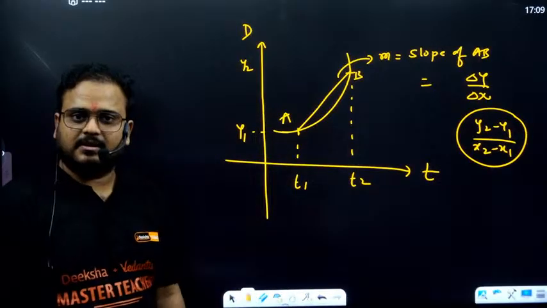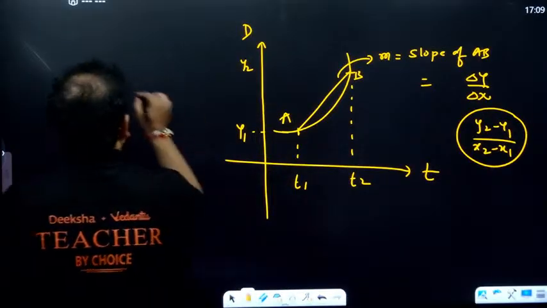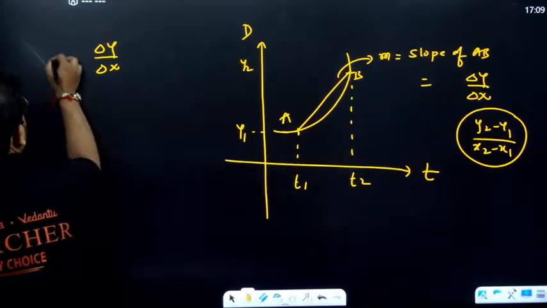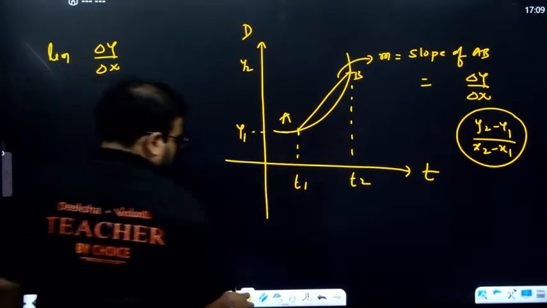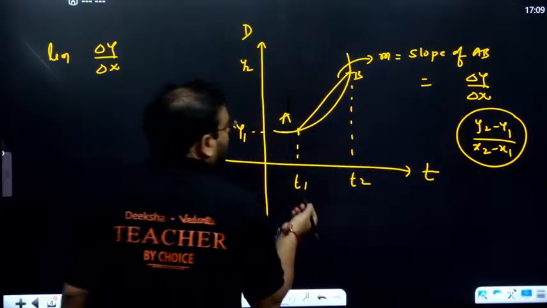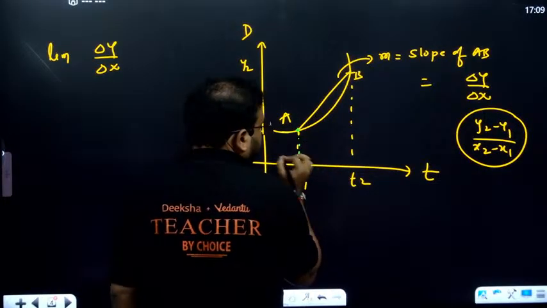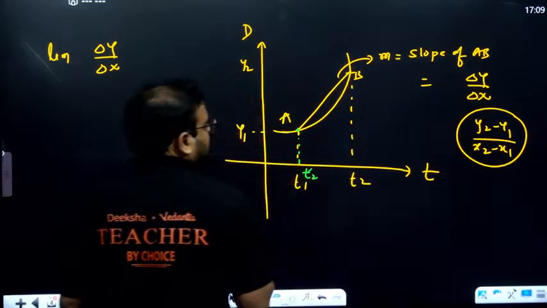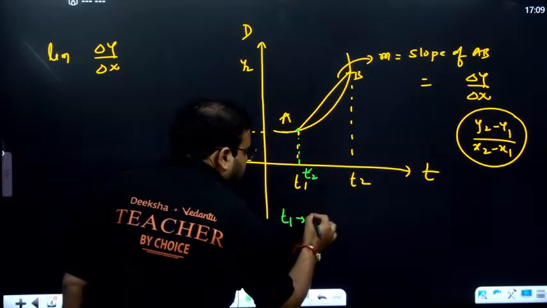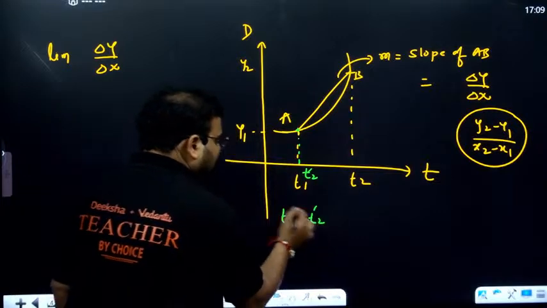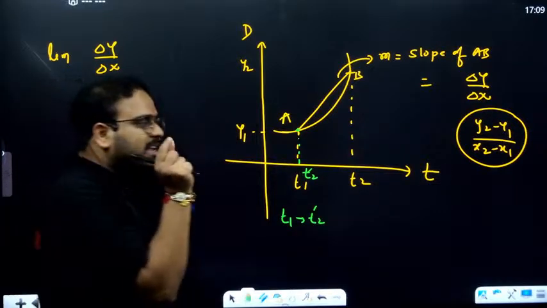We have learned this, right? But whenever we talk about instant, we try to talk about another point which is going to be here only. Let's say t2 dash. It means when t1 is very close to t2, exactly the same point, the time gap is very small.